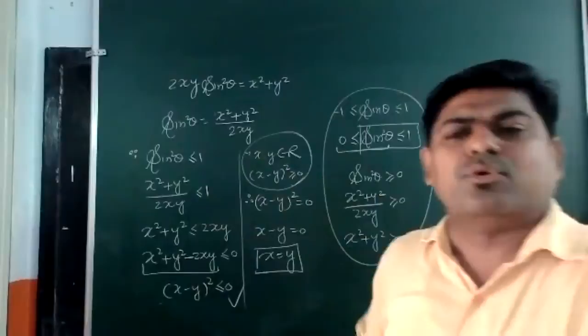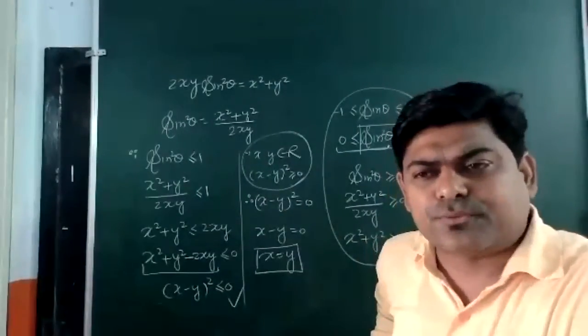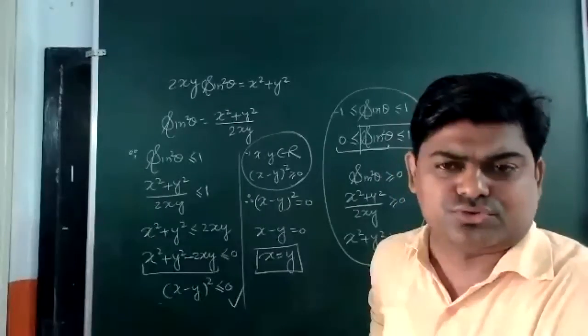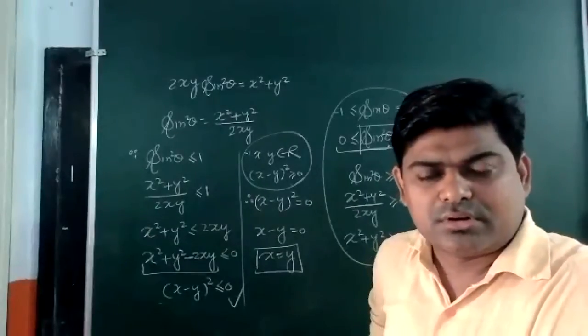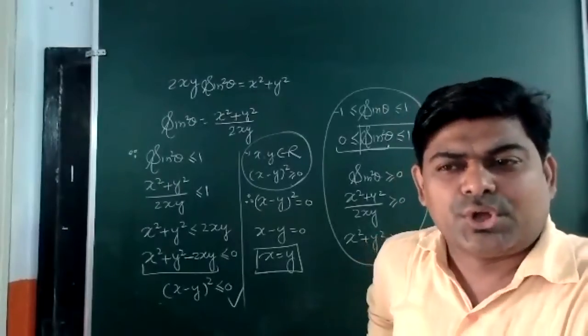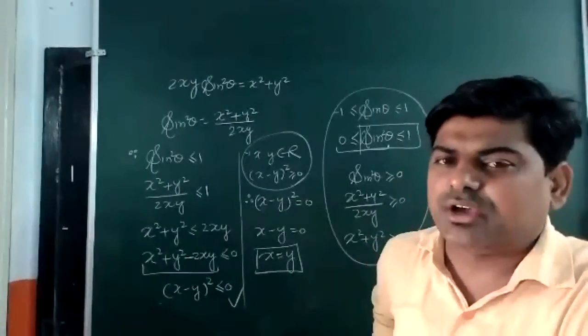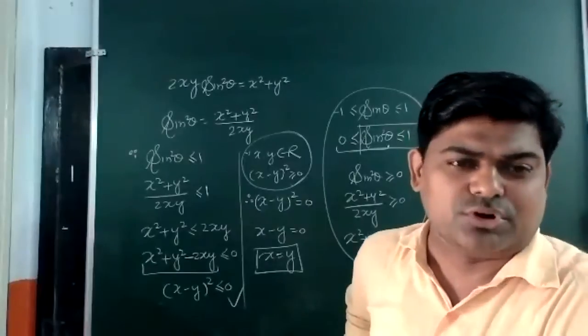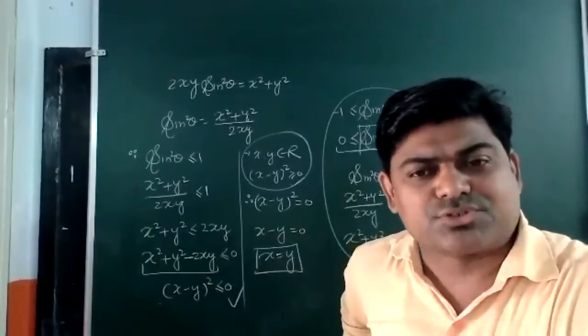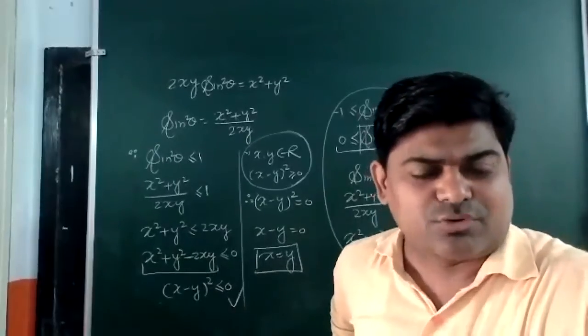Since x and y both belong to R, therefore x minus y the whole square will always be greater than or equal to 0. Now, according to the property of real numbers, x minus y the whole square is greater than or equal to 0, and according to this question x minus y the whole square is less than or equal to 0.